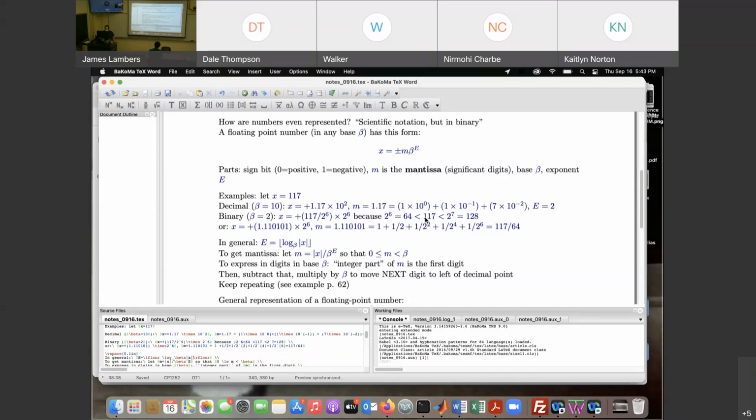So if I took the log to base 2 of 117, then I would get 6 point something, and I round it down to 6. That's how you get the exponent. Then you divide the absolute value of your number by your base raised to that exponent, and that gives you the value of the mantissa. Now, the mantissa has not been expressed in any particular base yet.